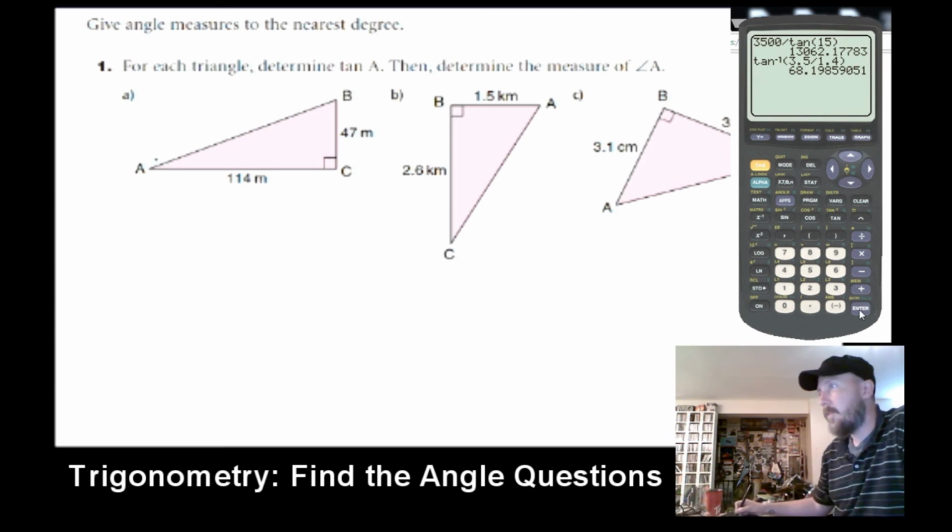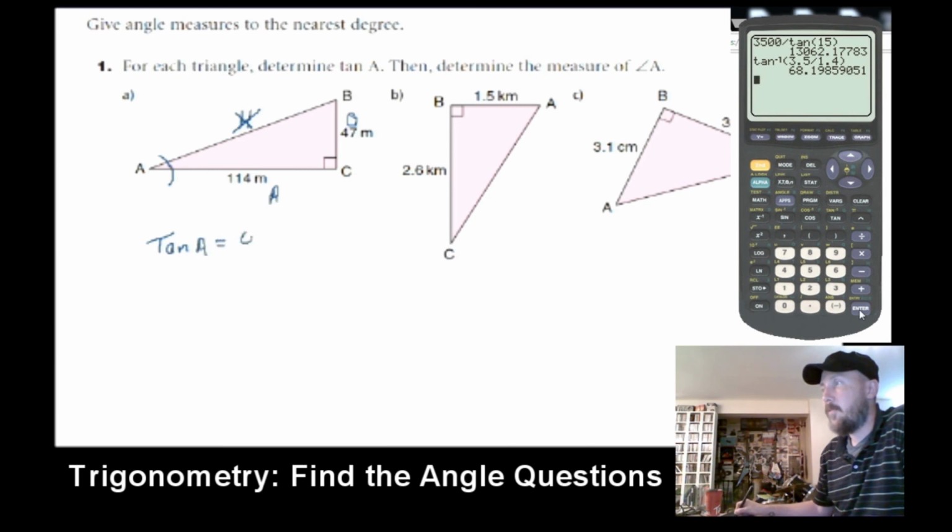Okay, so it says determine the measure of angle A. That's my angle. I'm going to do this one quicker. Hypotenuse, opposite, adjacent. Actually, it tells you up there we're going to be using tan. And that's because we have no information for the hypotenuse. So tan of angle A.